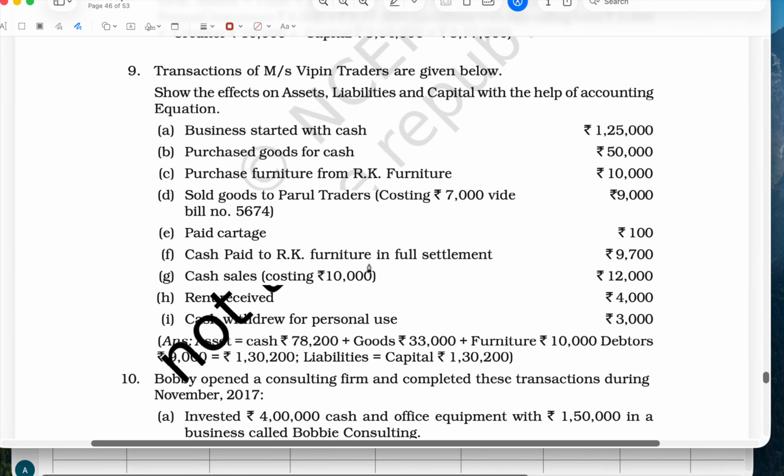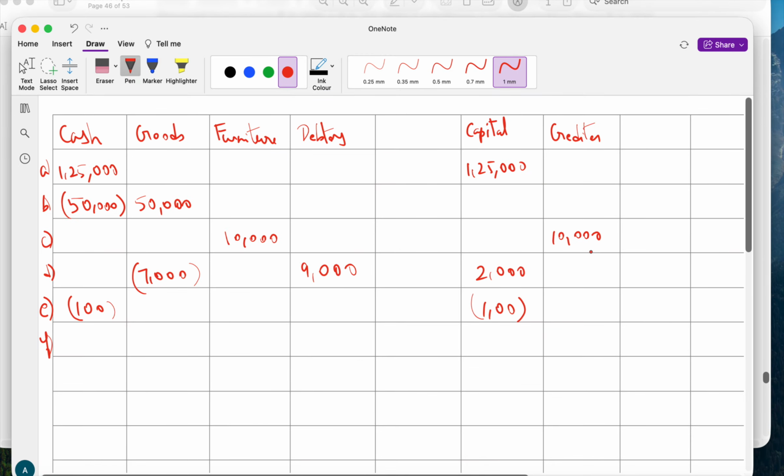Cash paid to RK Furniture in full settlement 9,700. So how much we were supposed to pay them? 10,000. So 9,700 is being paid towards 10,000. So the 300 is a profit for us or the discount received.